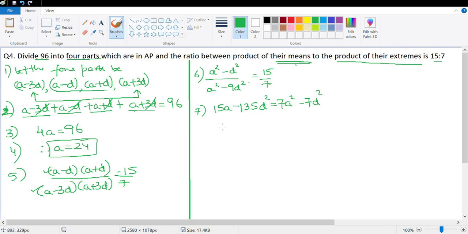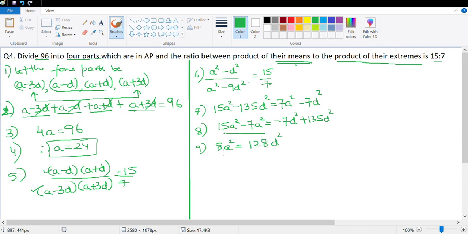So what I get is 15a square minus 7a square is equal to negative 7d square plus 135d square. 15a square minus 7a square, that's 8a square. This is equal to negative 7 plus 135, that's 128d square.